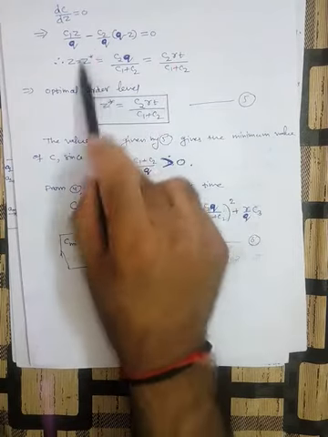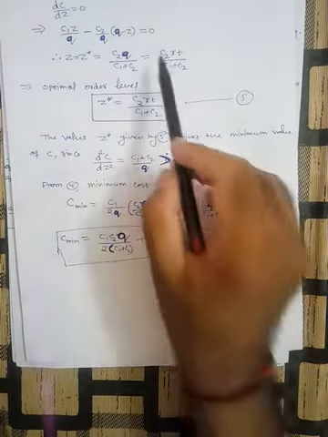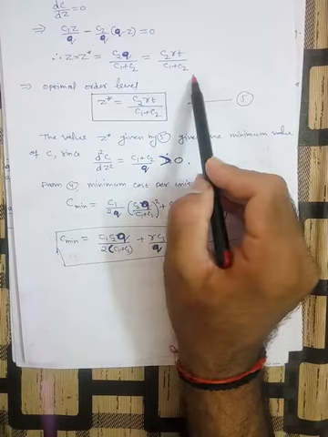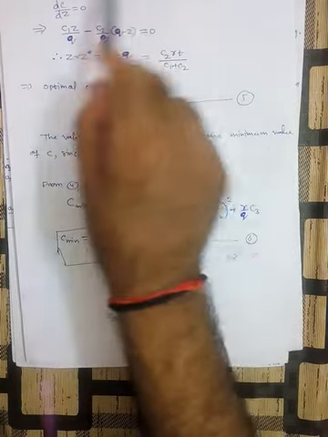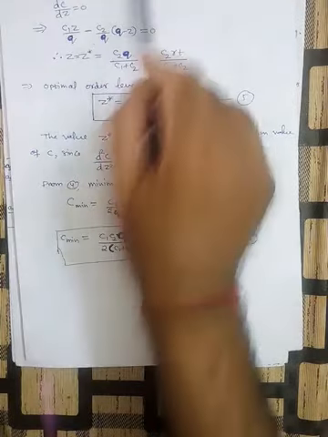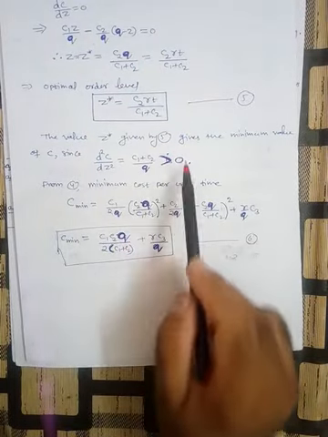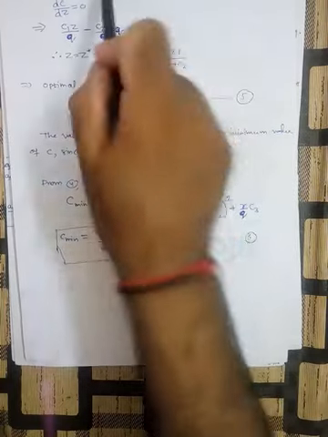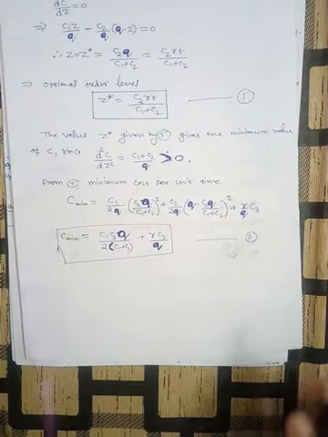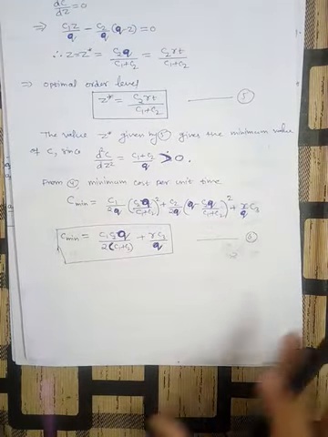This is the optimum level of the stock. Now differentiate a second time and substitute Z star, and you will get a positive quantity, so that is the minimum cost. C minimum is obtained by putting Z star in the cost equation. So this is the model. Thank you.